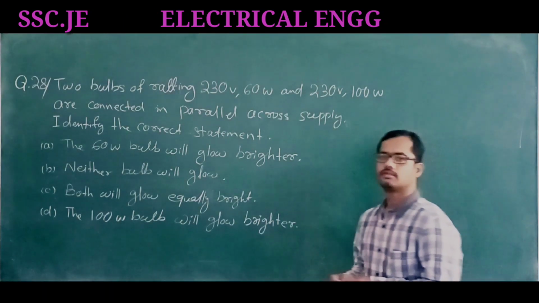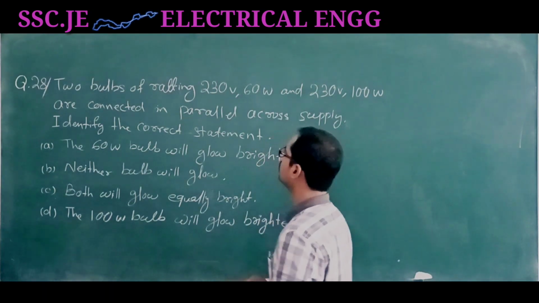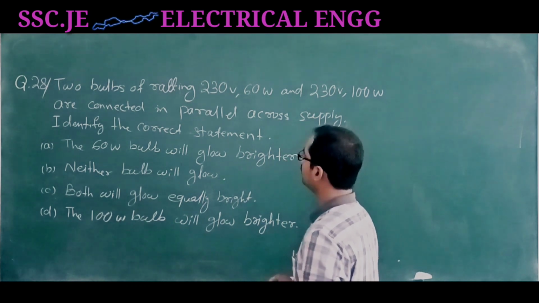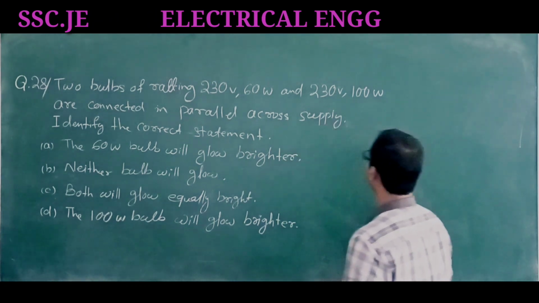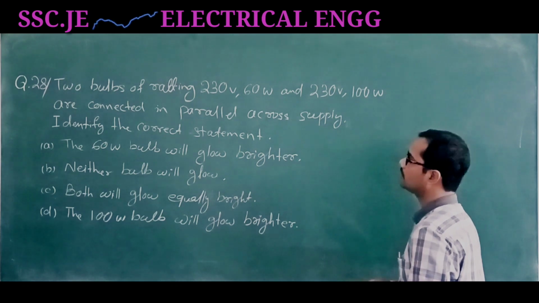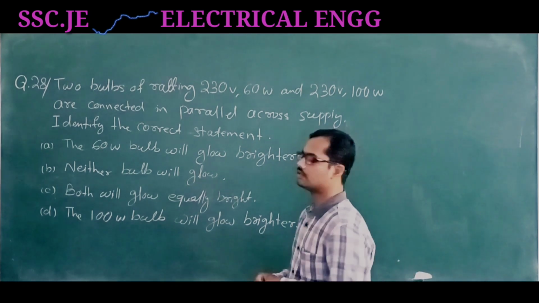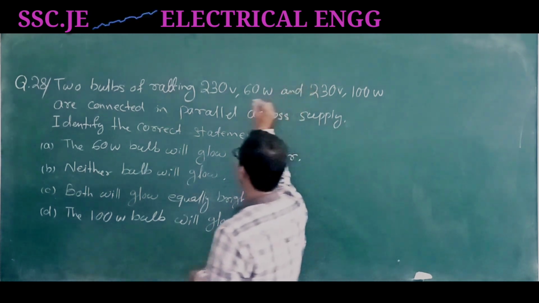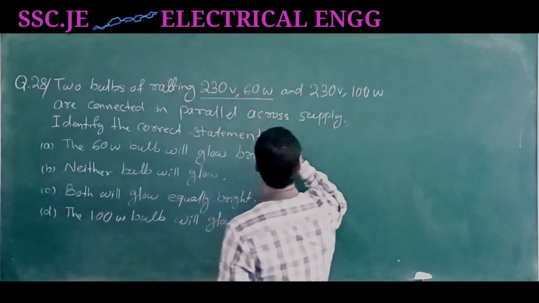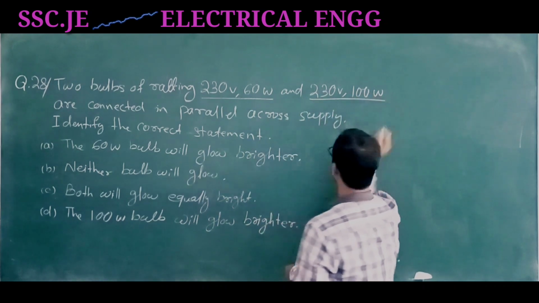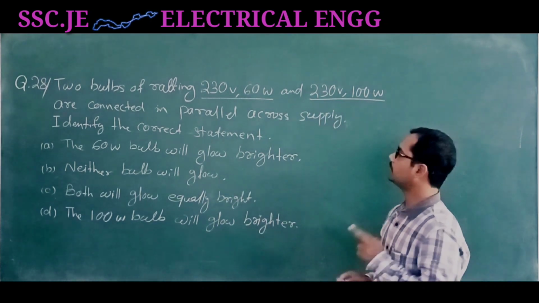So question number 28, the two bulbs rated 230 volt 60 watt and 230 volt 100 watt are connected in parallel across the supply. So identify the correct statement. Okay, so we have 230 volt 60 watt and 230 volt 100 watt, two bulbs connected in parallel.